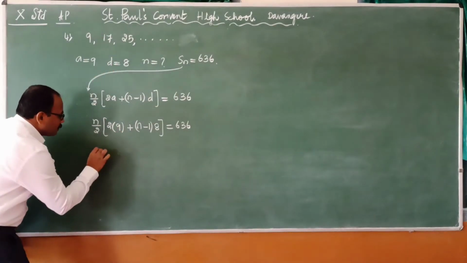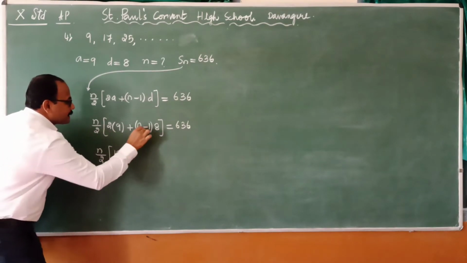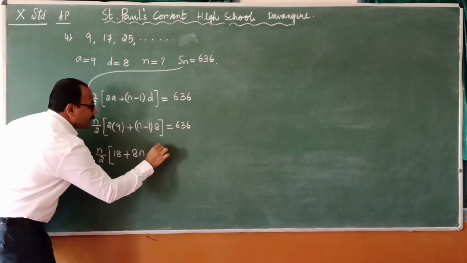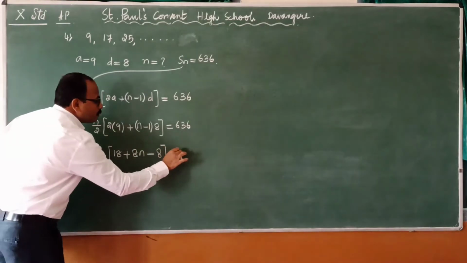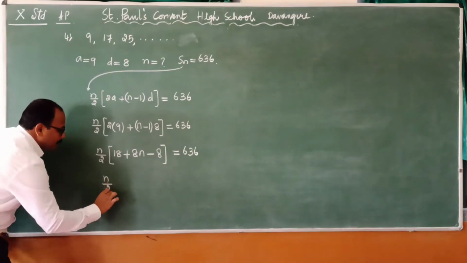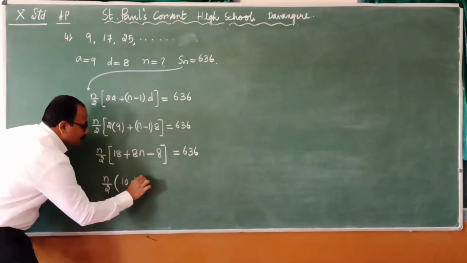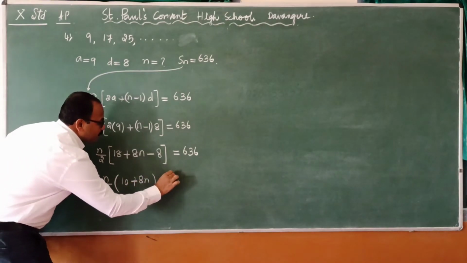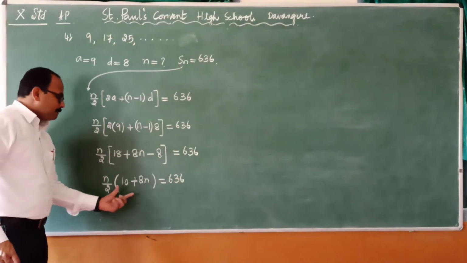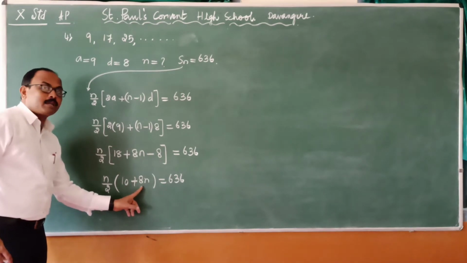On simplification, n by 2 into 18 plus n minus 1 into 8, that is 8n minus 8. Simplification part, we have to carefully do it, children. Further simplification, n by 2 into 18 minus 8 becomes 10 plus 8n will be equal to 636. See, this is a binomial. From this, 2 can be taken as common: 5 times 2, 8, 4 times 2.